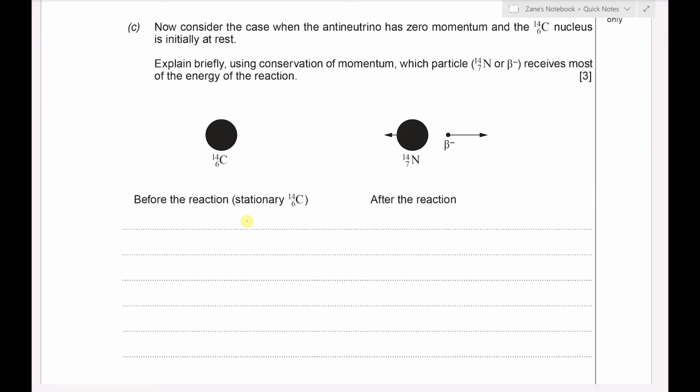Well, the first thing to note is if the initial carbon nucleus was stationary, the total initial momentum was 0, and therefore the total final momentum must be 0. And that means that the nitrogen nucleus and the beta particle have equal and opposite momenta.